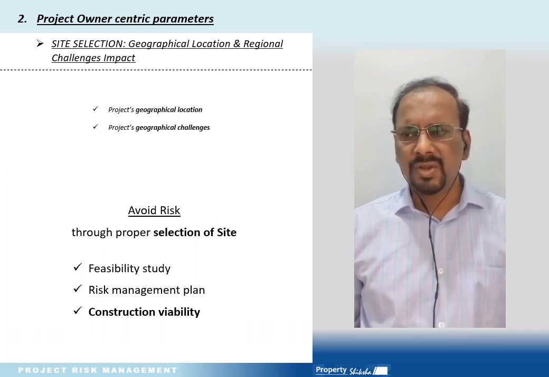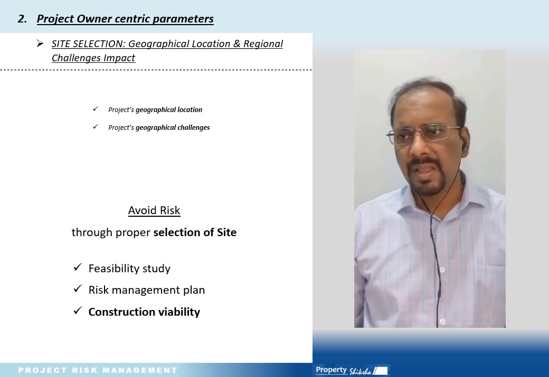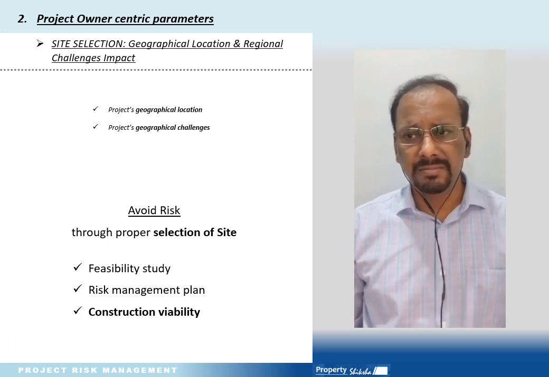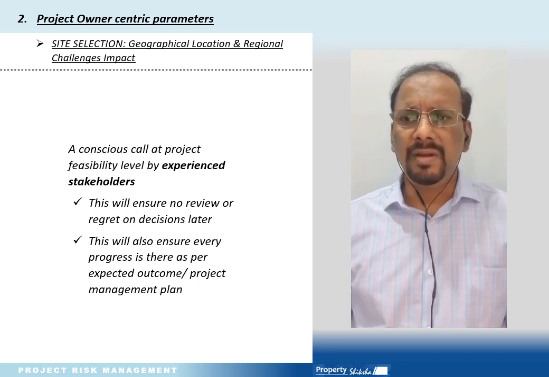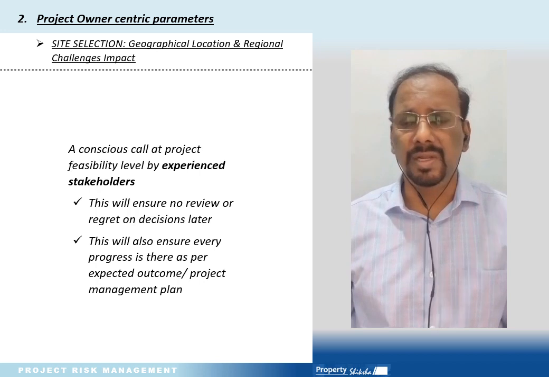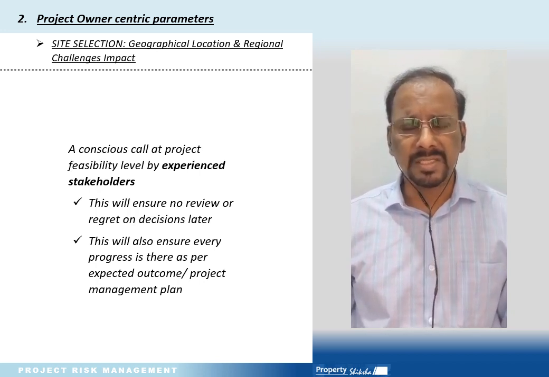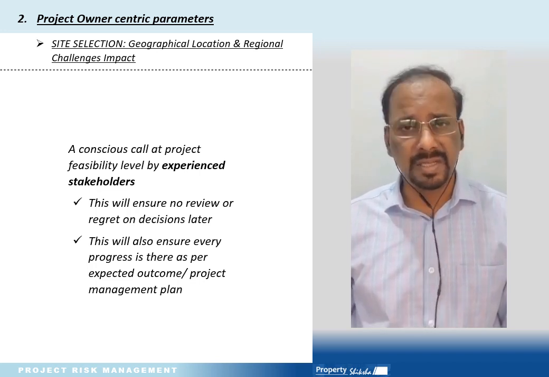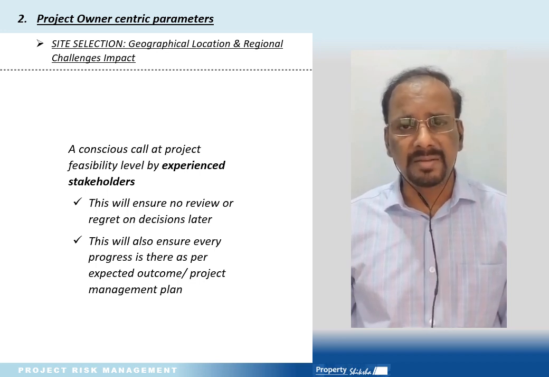All such sites pose various challenges, which should be thoroughly evaluated against construction viability before taking any final call of development on the land. We can conclude this point by taking a conscious call at project feasibility level by experienced stakeholders. This will ensure no review or regret on decisions later, and also ensure every progress is as per expected outcome and as per the project management plan.